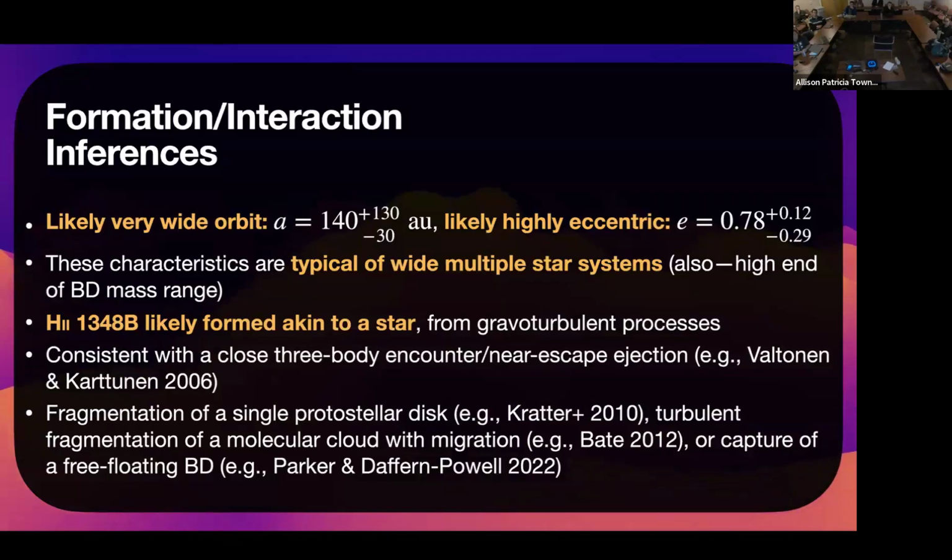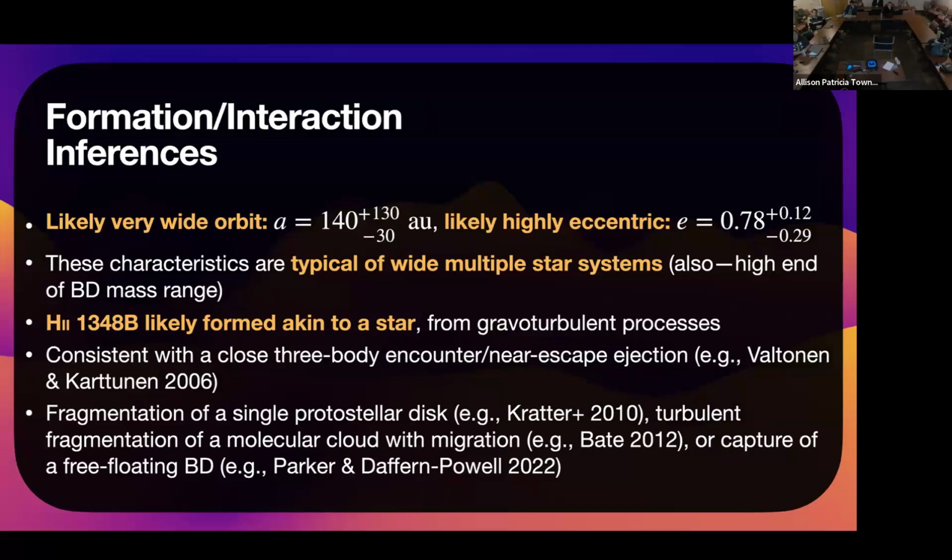We can't say exactly where that collapse would have occurred. It could have occurred directly from the molecular cloud, could have occurred within a protostellar disk or circumstellar disk, but there was likely a dynamical interaction after the formation, which sent this brown dwarf on its highly eccentric orbit.